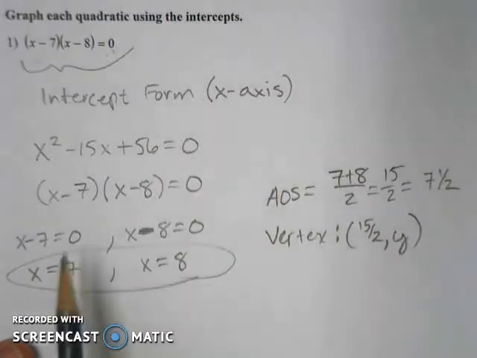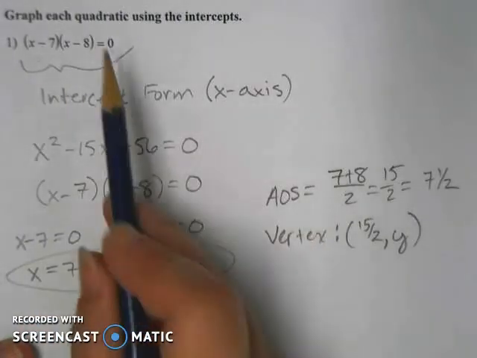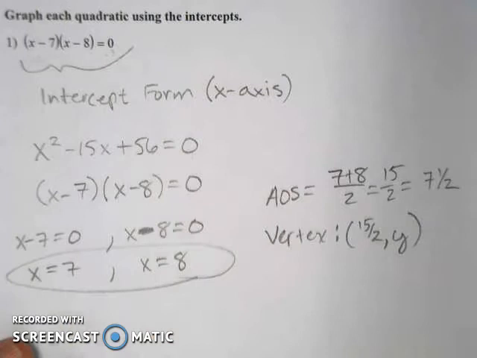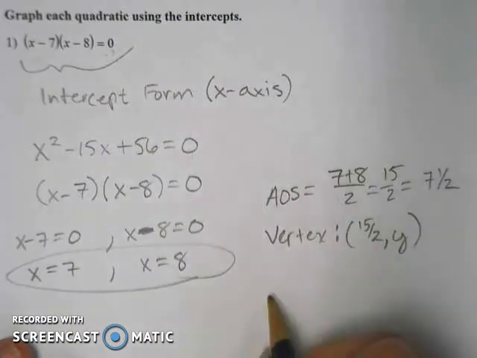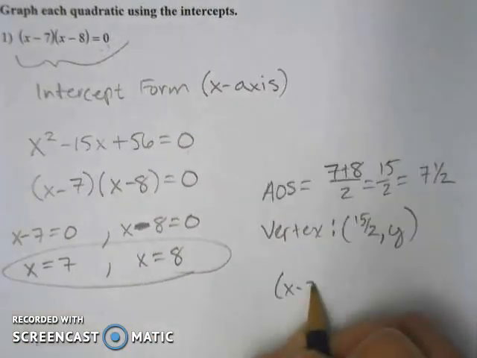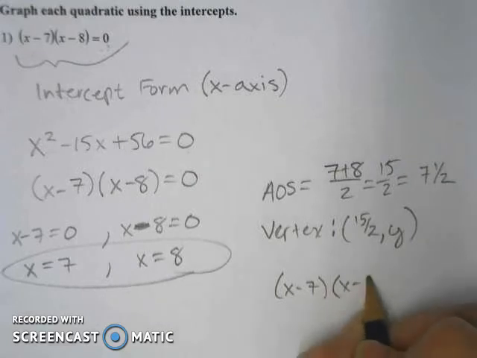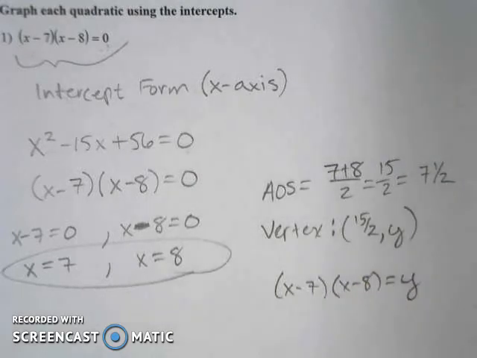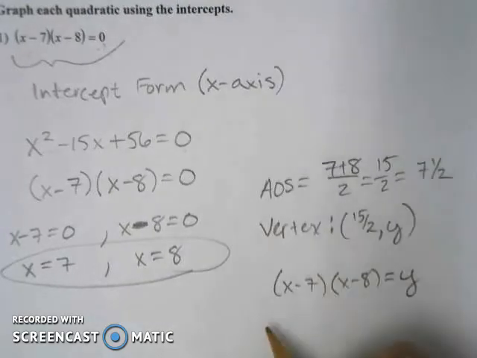So we're going to take our quadratic in factored form again, but we're going to replace the 0 with y and try to solve for it. x minus 7 times x minus 8 equals y. We're going to replace the x's with 15 halves.